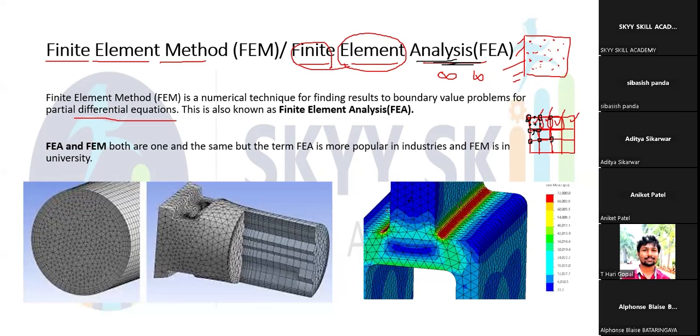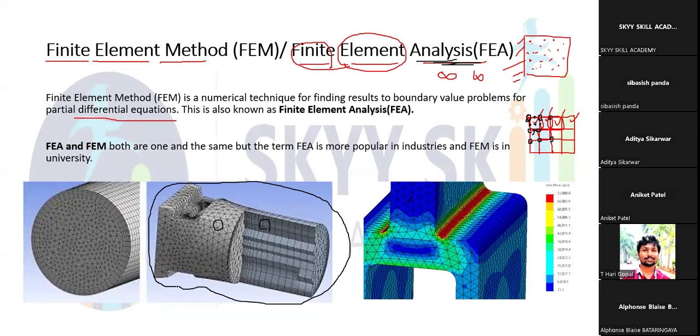So inside this, these are known as your individual elements. If you consider the whole body, the elements being generated over it are known as meshing.